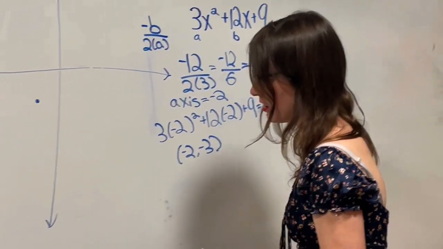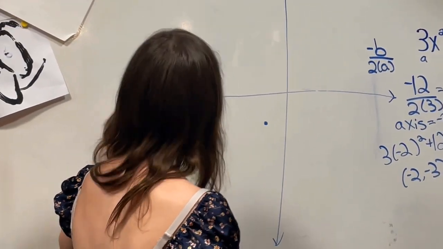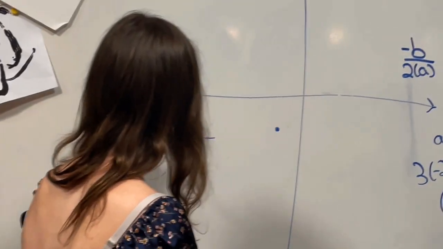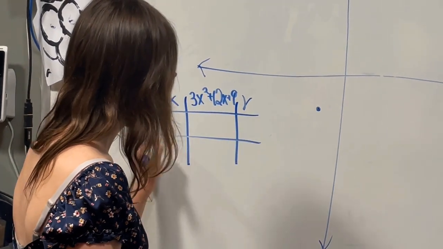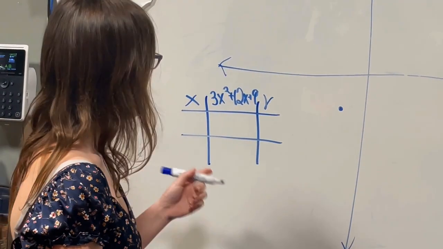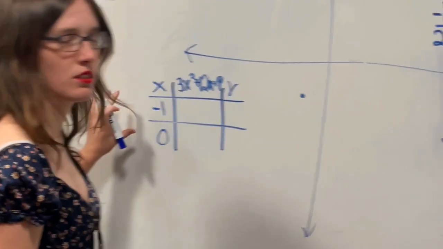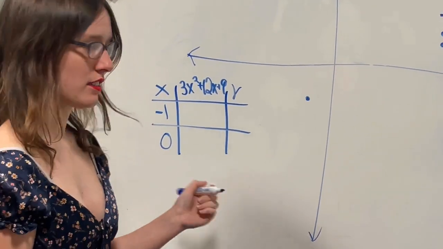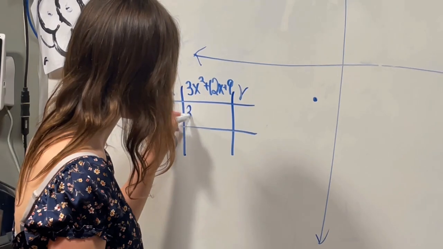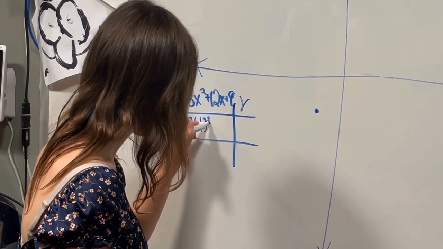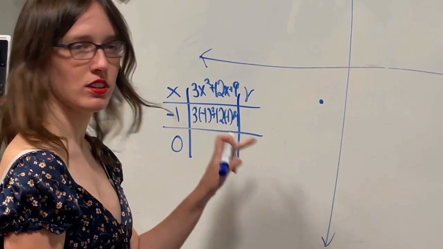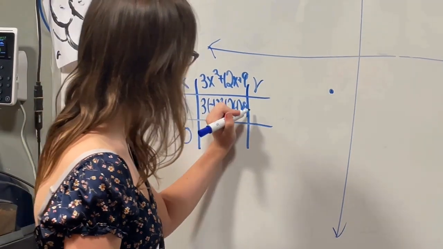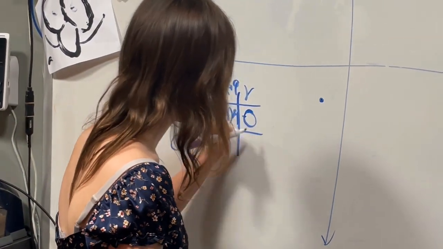So what we do is over here we have our x number here and our y number here. We have our lovely equation, and for this example, let's do negative 1 and 0, because those are two numbers that are close to negative 2. So we plug in negative 1 and then square it. And if we add all of those together, we would get 0.